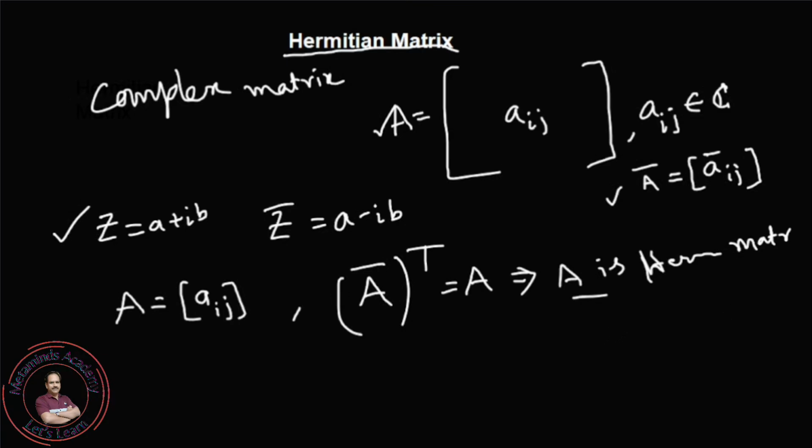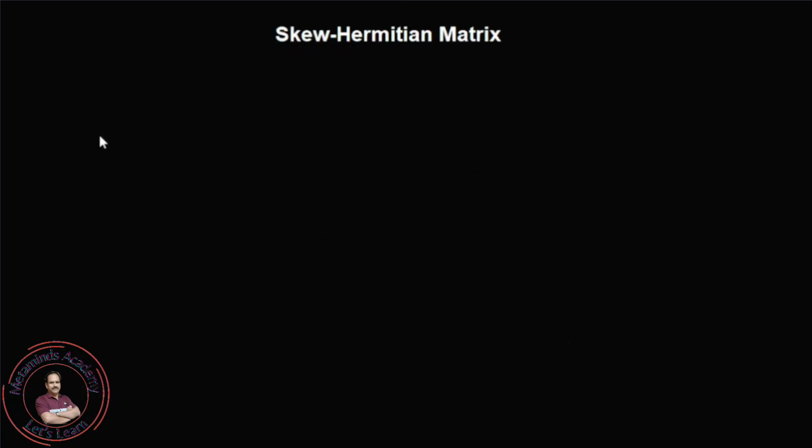Okay. Then what is a skew Hermitian matrix? So A equal to Aij is a complex matrix. When do you say a matrix is skew Hermitian?